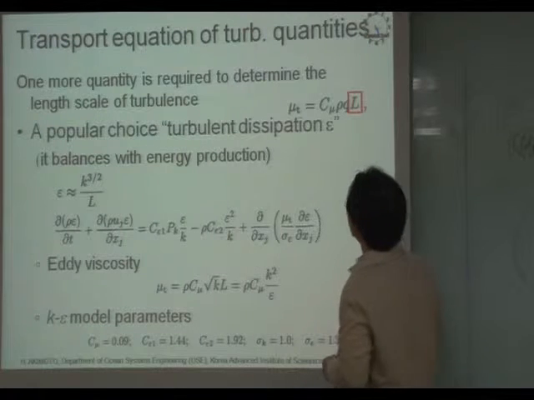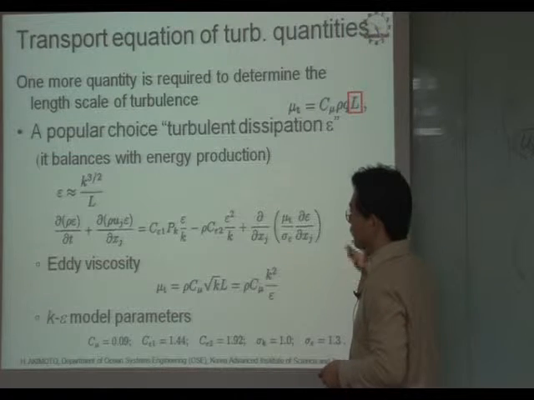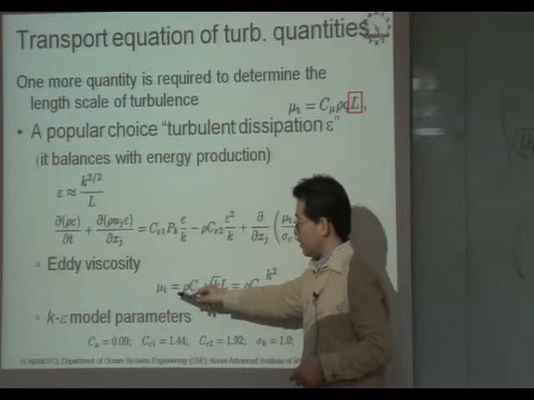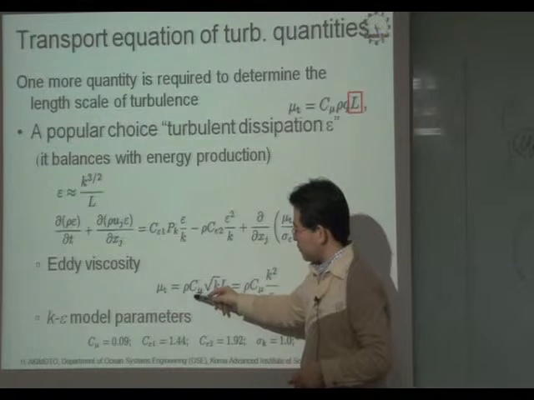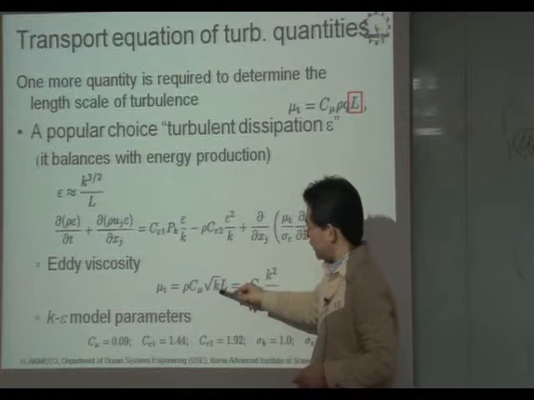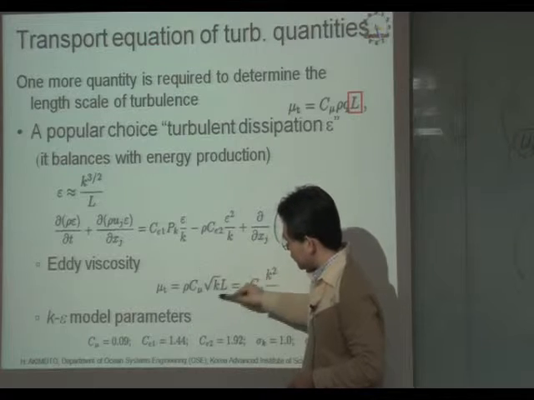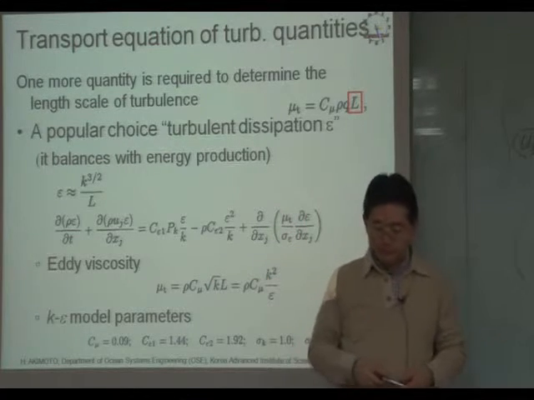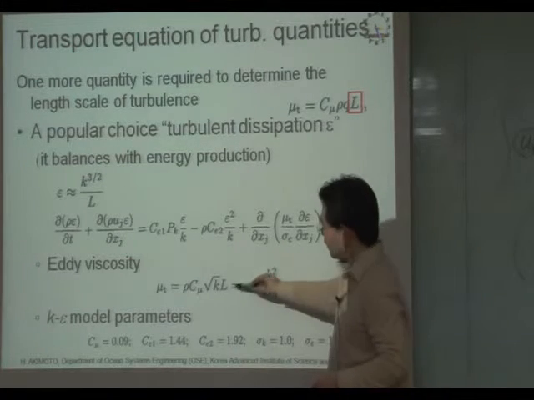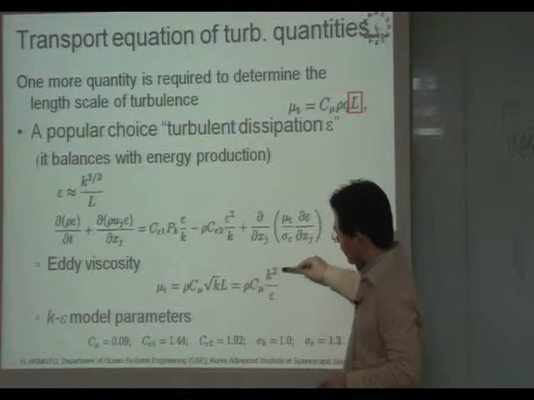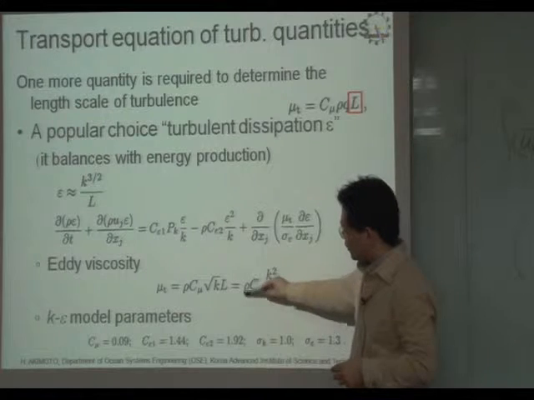If we get the solution of k and epsilon, we can get the turbulent viscosity mu T as the product of C mu and square root of k. No, I'm sorry. This one is the original definition of the Reynolds averaged equations. In the k-epsilon model, the turbulent viscosity is written as this.